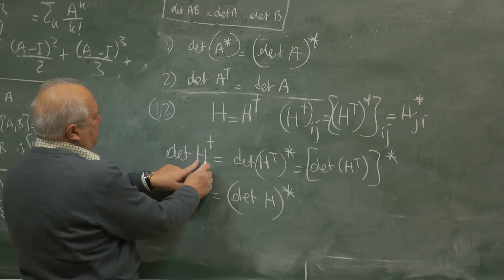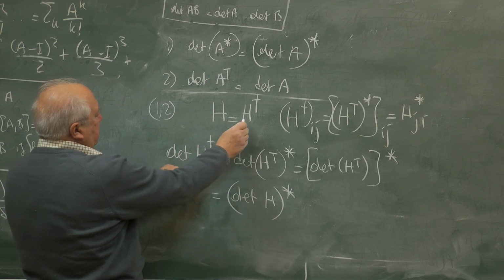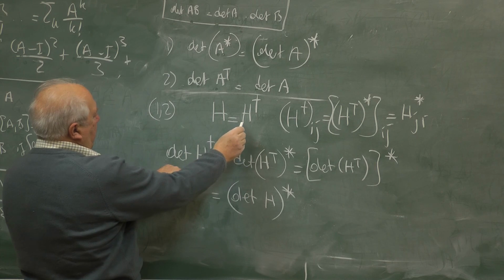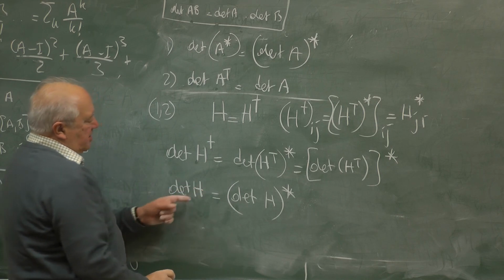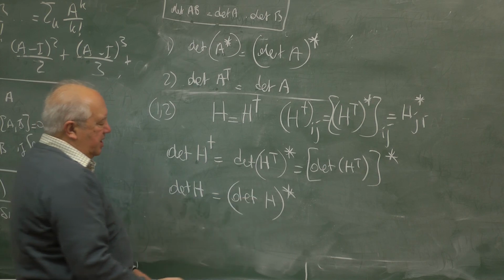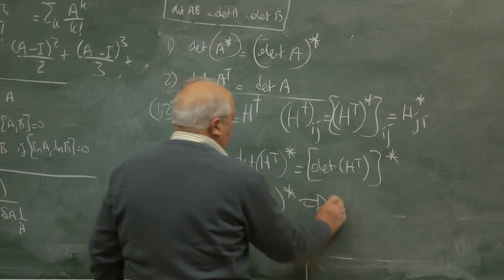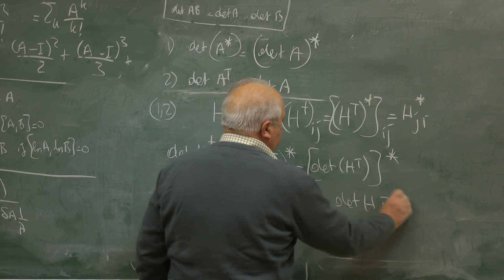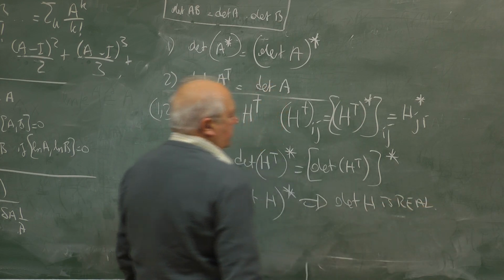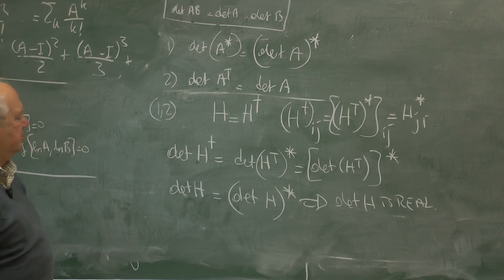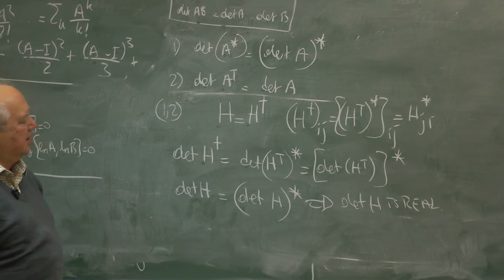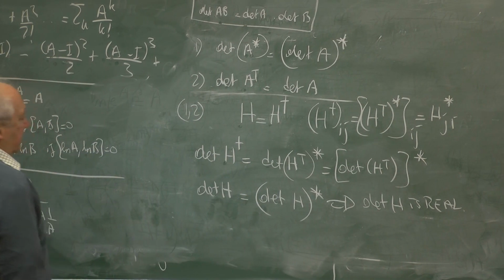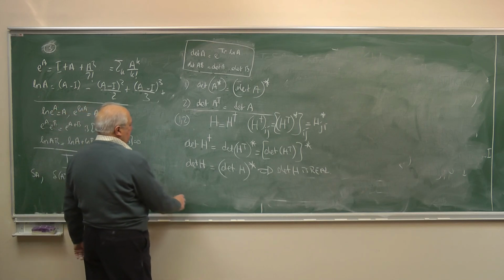So if H is self-adjoint, equal to its Hermitian conjugate, then H dagger is H, so this is equal to determinant H. If something is equal to its complex conjugate, that means determinant H is real. So Hermitian matrices, which are self-adjoint matrices, their determinants are real.